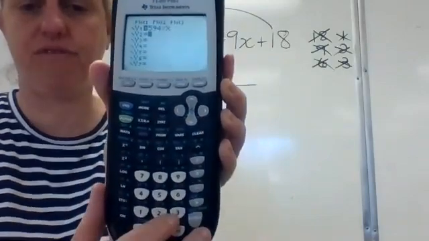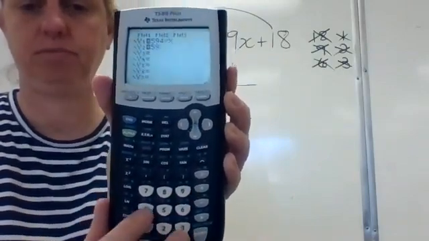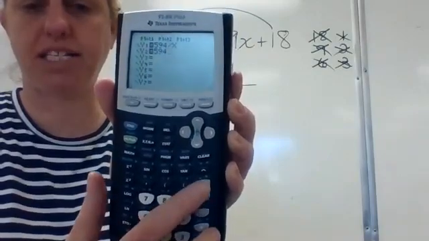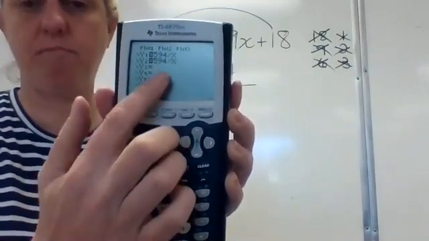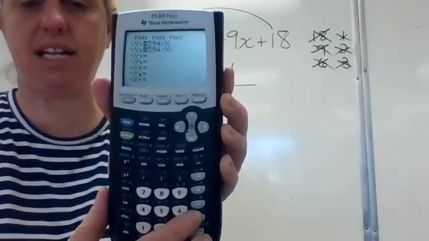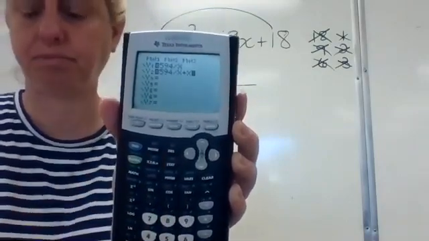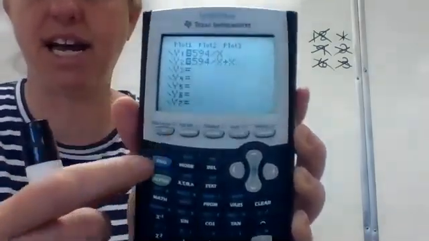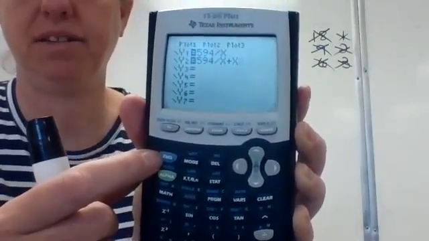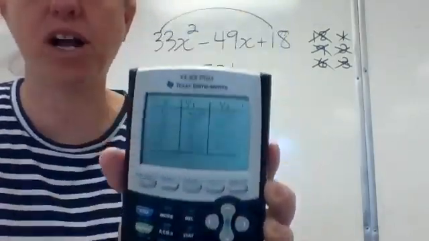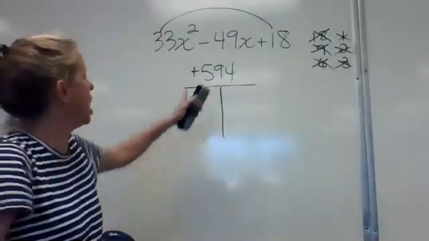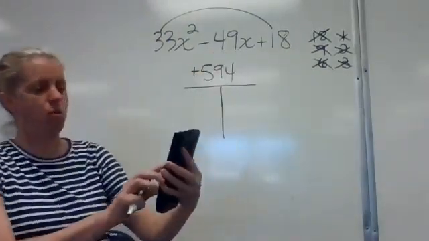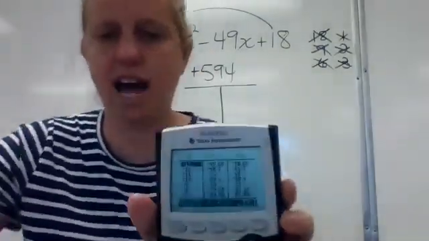Do it again, 594 divided by x again. And then remember, throw in a plus x at the end. So plus x. And then hit second table. What are you looking for in your last column? Negative 49 in your last column.